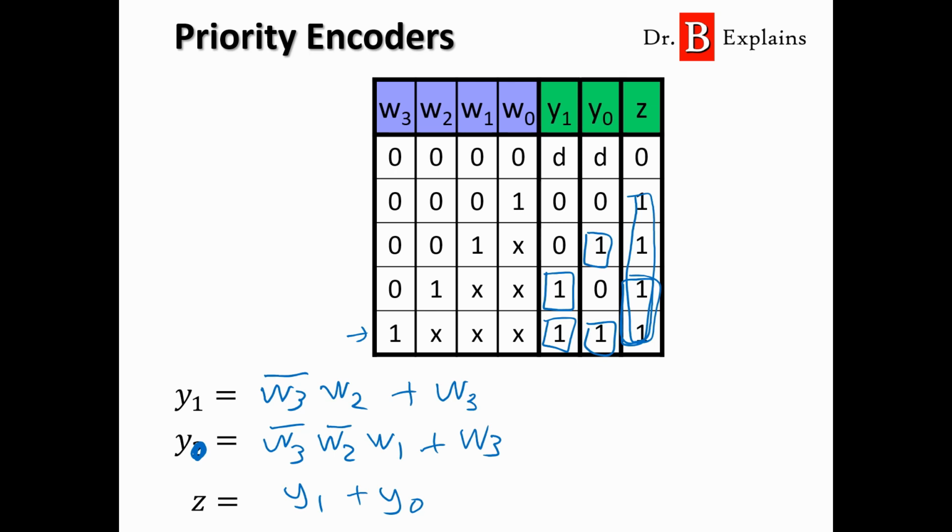And what else? I'm missing this one, right? No, this one I got, this one I got, this one I got. I am missing this guy. So we have an extra W3 not, W2 not, W1 not, and W0. So that's when C is going to be a 1, right? We're basically looking at the minterms.